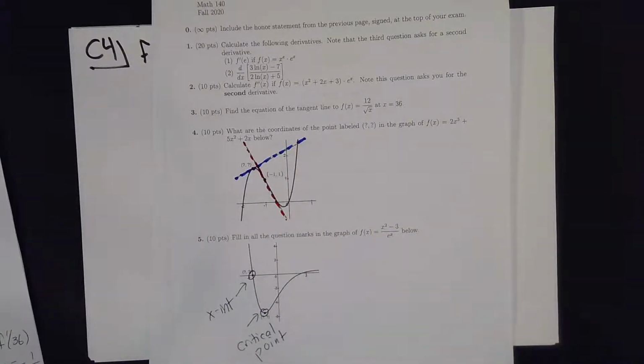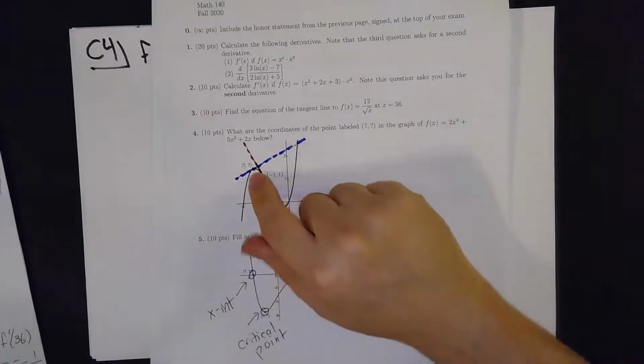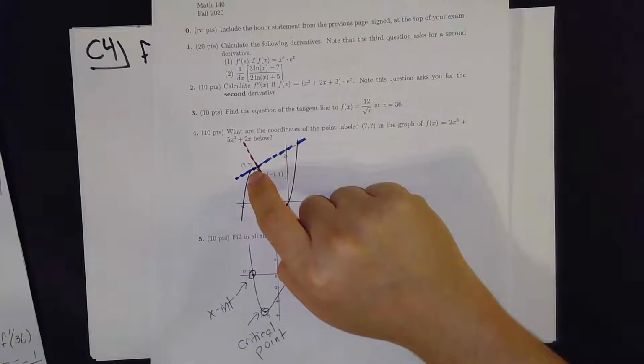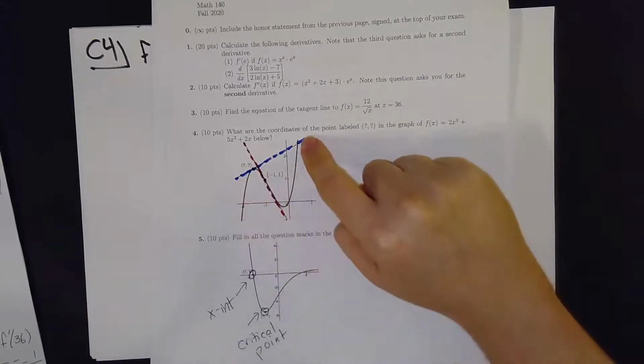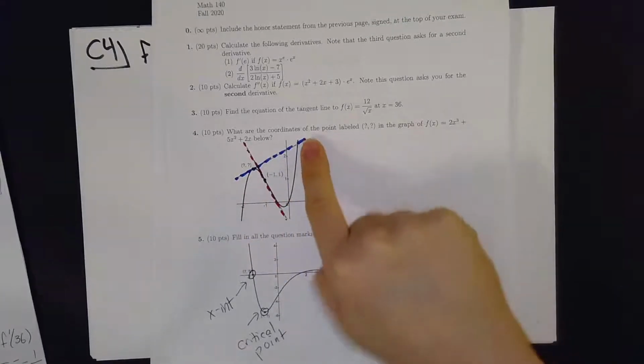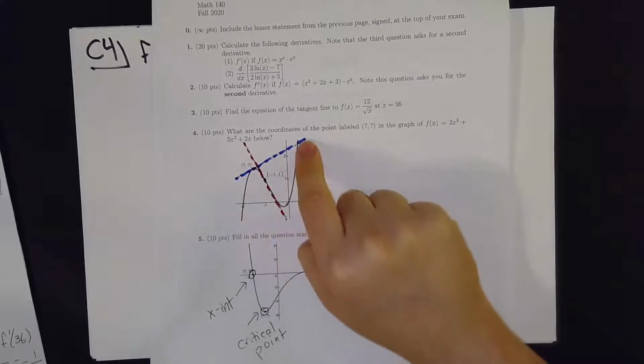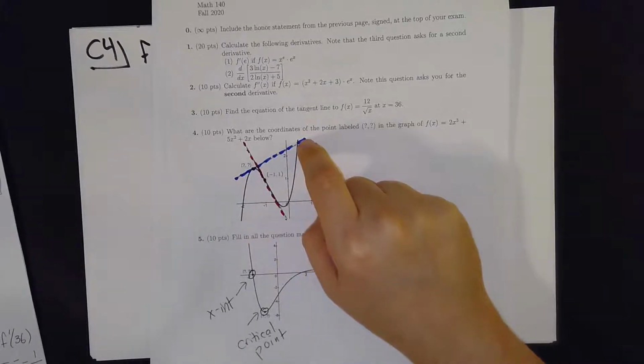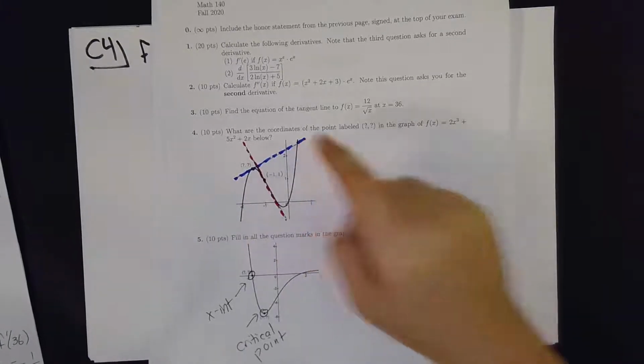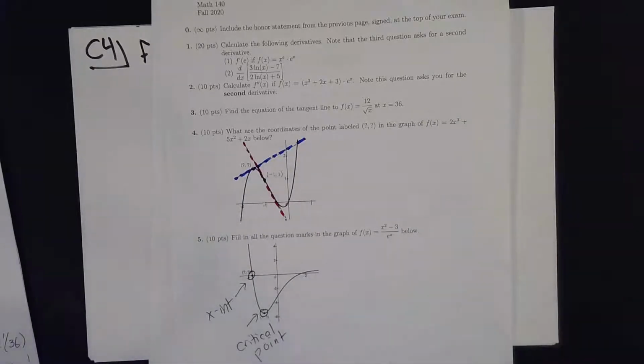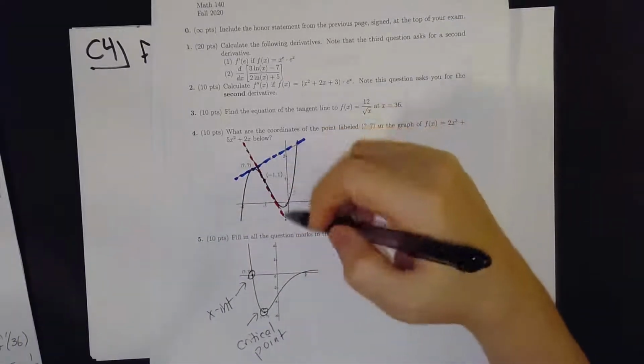The point I'm interested in finding, the point that's labeled question mark, is on the blue line. But I'm only going to figure out information about the blue line by figuring out stuff about the red line first. And so the key observation here is that the blue and red lines are perpendicular.